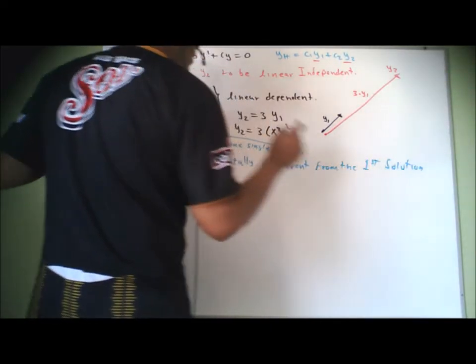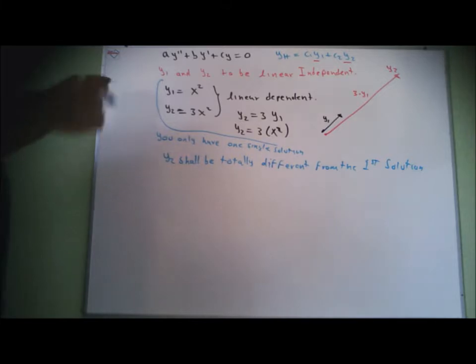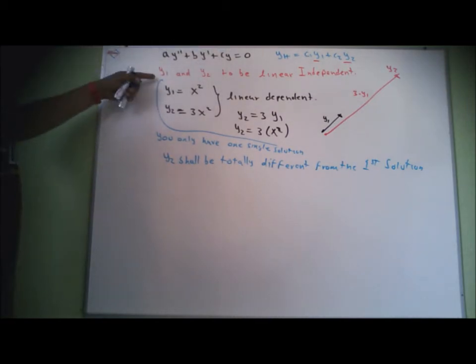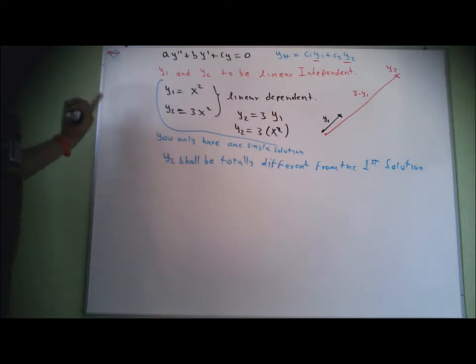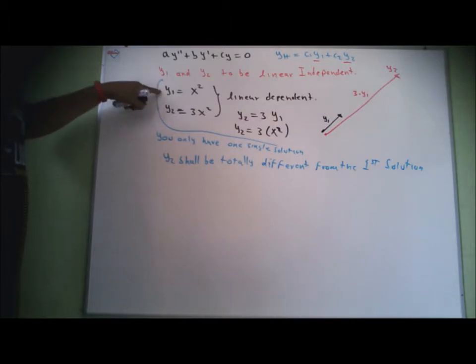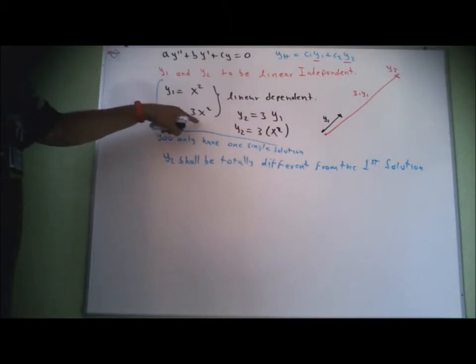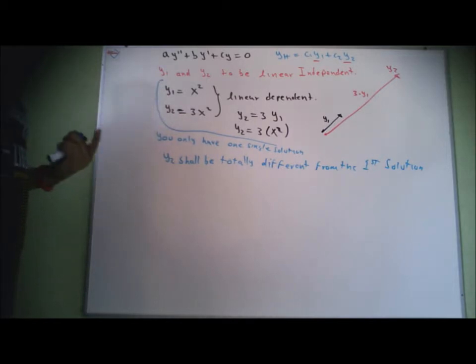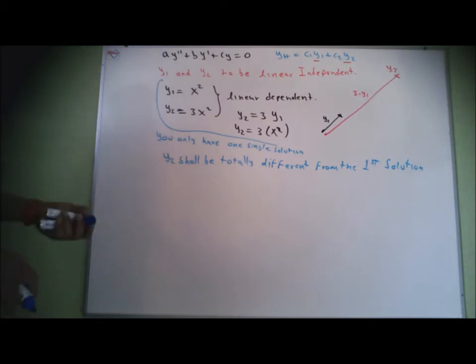That is the concept. We have to ensure that the second solution is totally different from the first solution, but they are both solutions of the differential equation. If we have this, in the end we only have one solution, because my second solution is just 3 times my first solution. So we still need to find the second solution. This is linearly dependent.